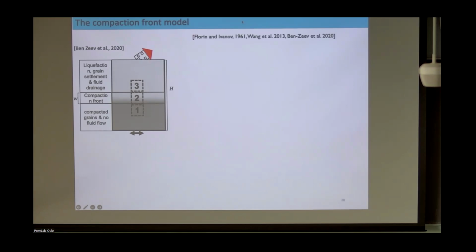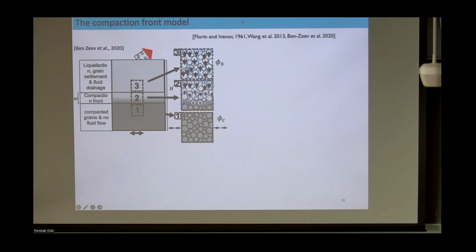So this compaction front model says that we have 3 regions. One is the final porosity, we'll call it phi c. One is the initial porosity, phi 0, with which we initiated the system, and one is that in-between region, the compaction front.